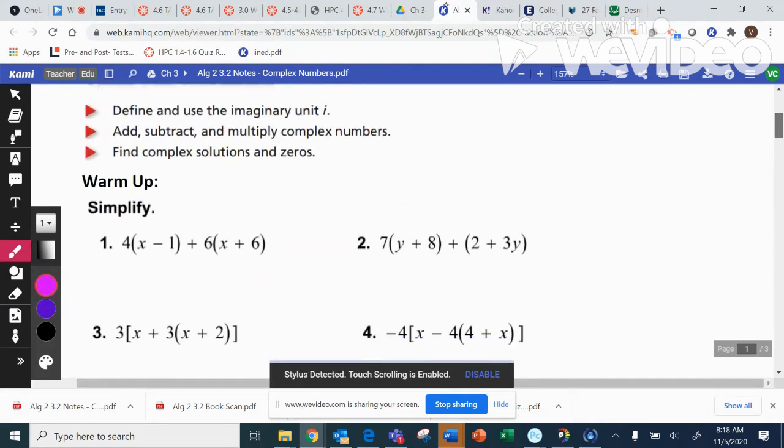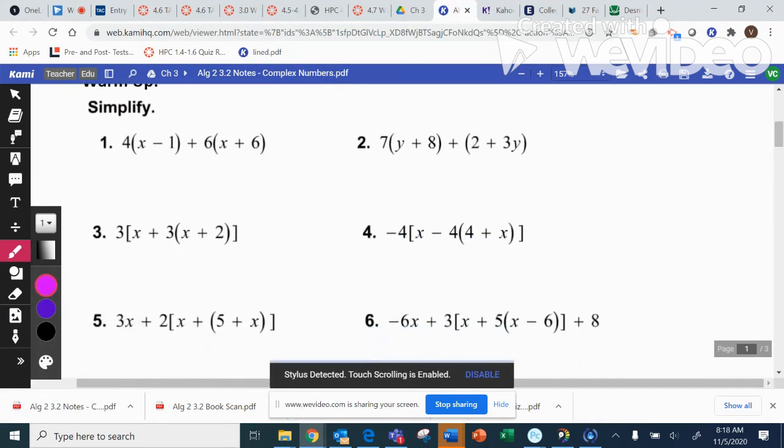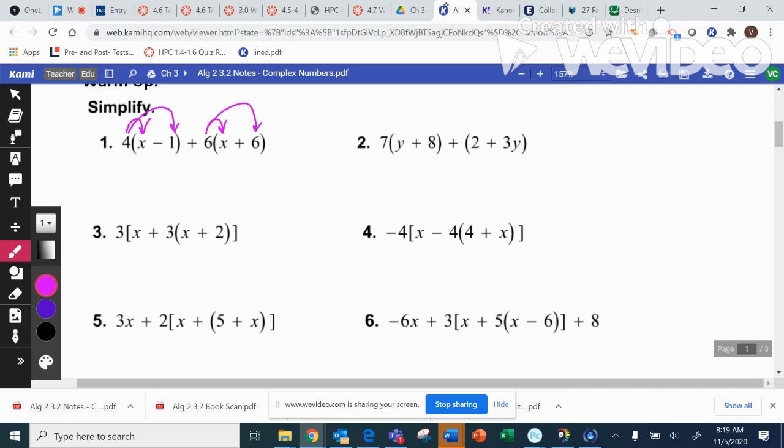I would like to start out by just warming up some algebraic skills, some algebraic arithmetic. When we have a number outside of a parenthesis with more than one term in it, what do you guys need to do? Distribute. So we're going to distribute that 4, and we're going to distribute these 6.